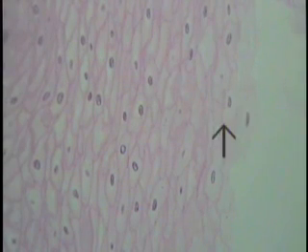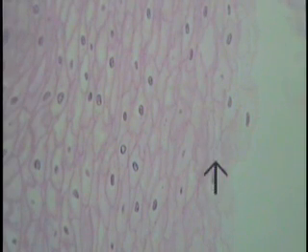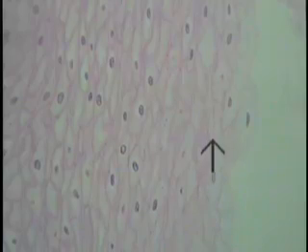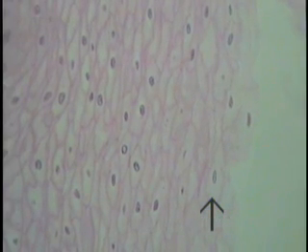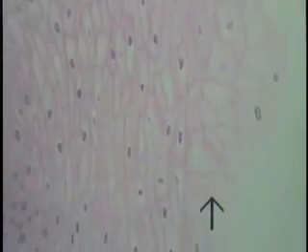Though you don't realize it in this particular section, these are flattened squames, but you're looking at them from the flat surface down as if you were looking at a dinner plate. If you were able to turn this dinner plate over, you'd have a very thin, flattened profile, similar to what you saw in endothelial or mesothelial lining.